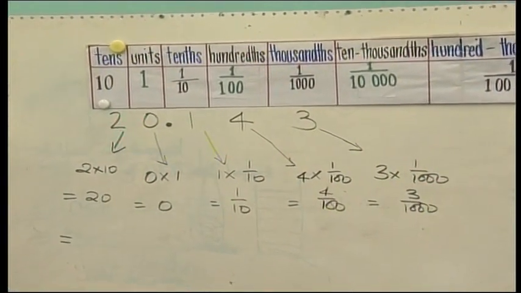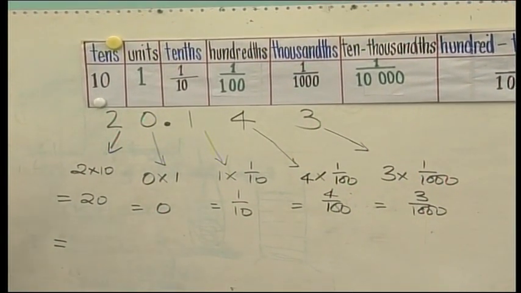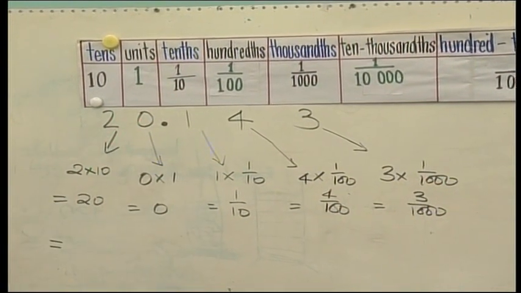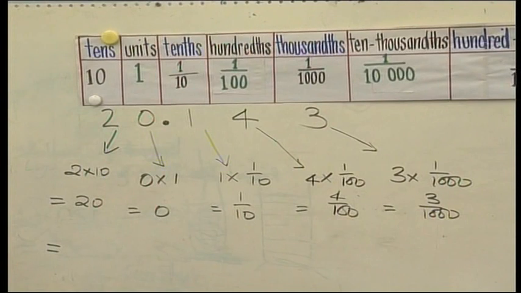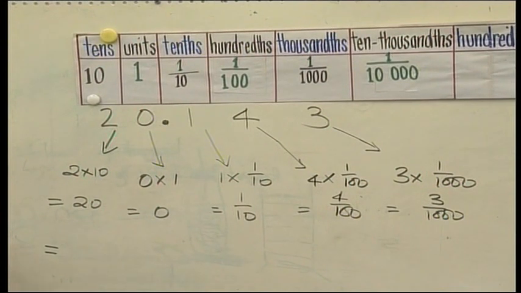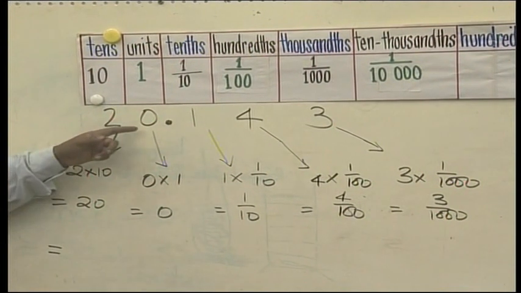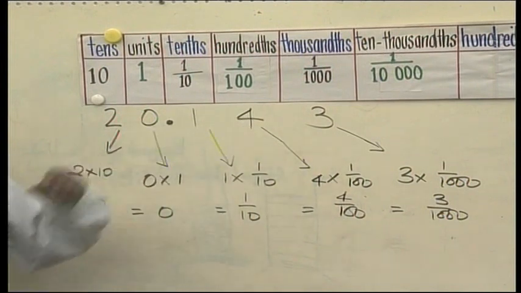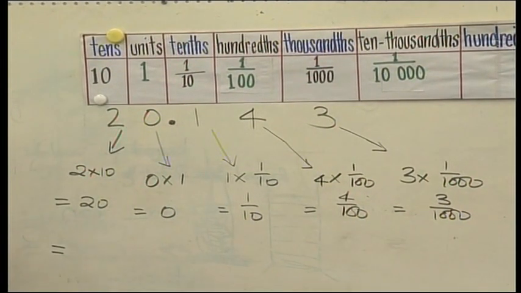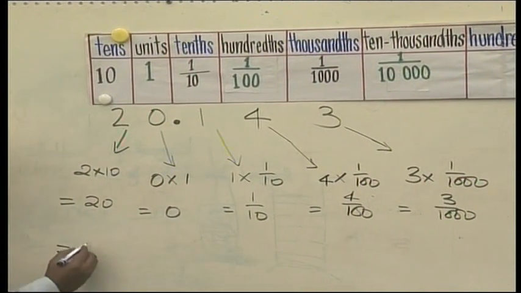Now, there are so many ways you can express this decimal number. The other way is expanded fractional form. You are going to expand the number 20.143. So, this is how we are going to do it.